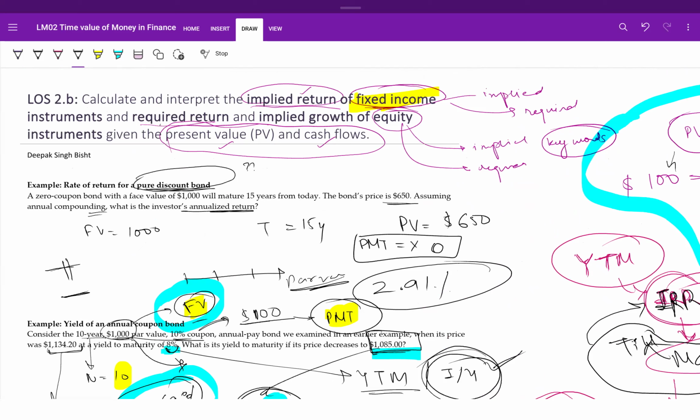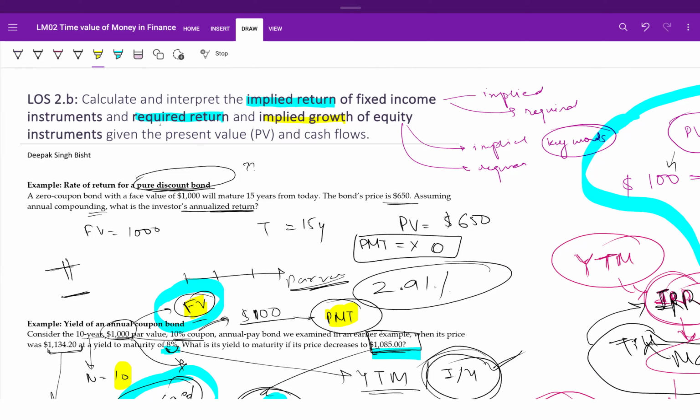Let me just clear it up. We will not be using this. So implied return, required return, and implied growth of equity as well as required growth. And there is a measure to calculate that also.